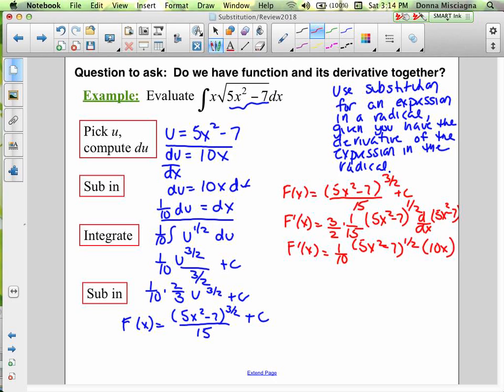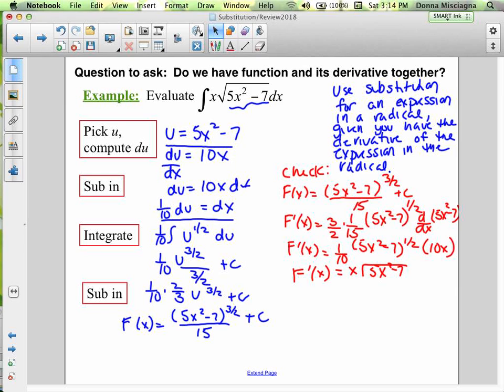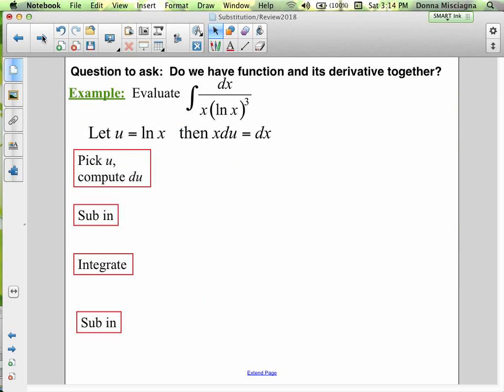The 1/10 and the 10 cancel, and we could simplify that 1/2 exponent, but that would give us x times the square root of 5x squared minus 7. There you go. So this is our check, and our check worked out. When we took the derivative, we got right back to what's under the integral sign. Let's do another one. All right, so here's our next one.